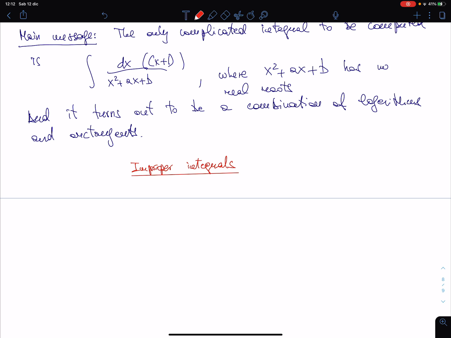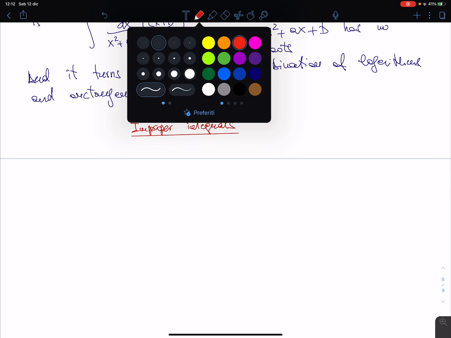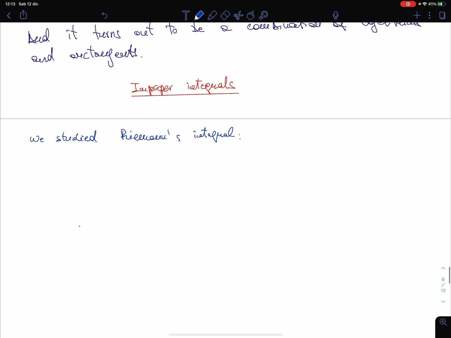An improper integral is an integral that deals with unboundedness. So first we studied Riemann's integral. That means you have a bounded function on a bounded interval, perhaps discontinuous, but this is not important.